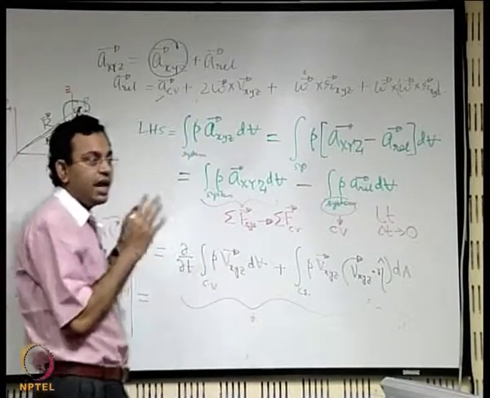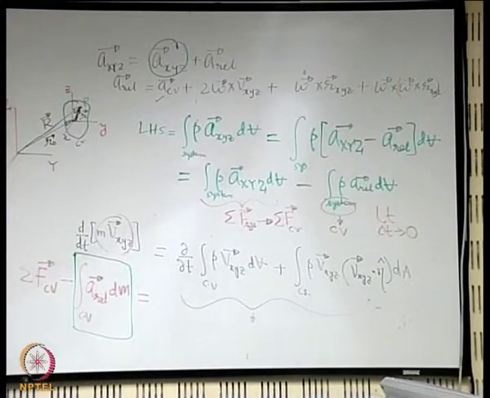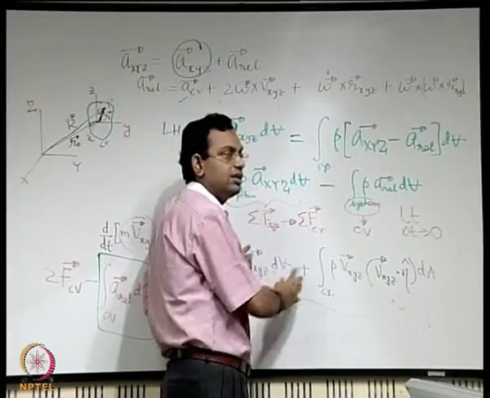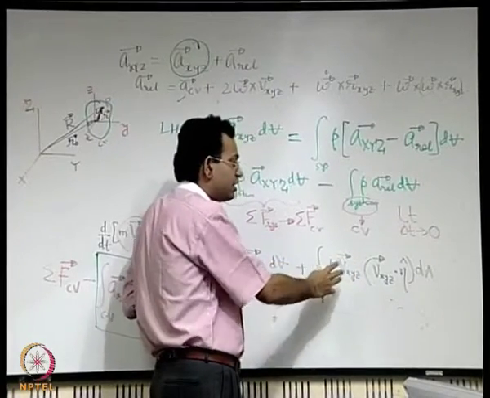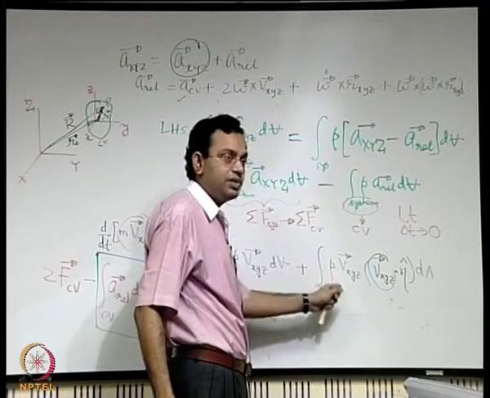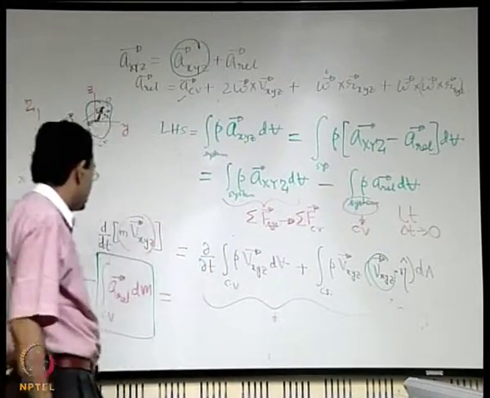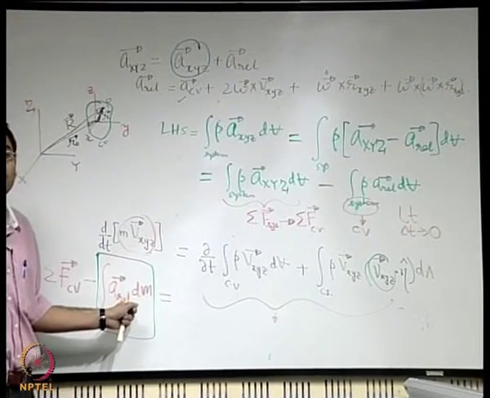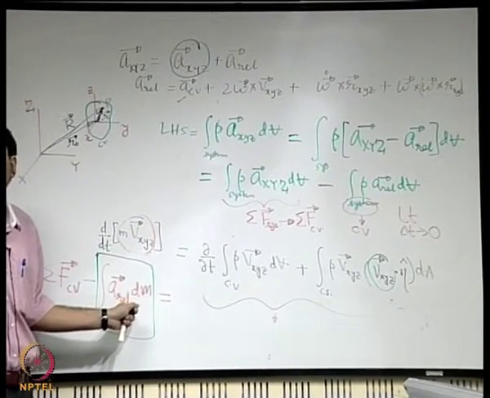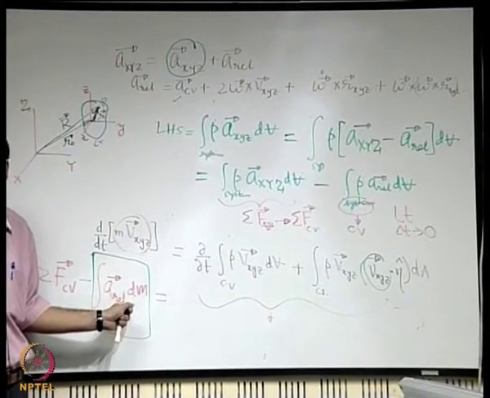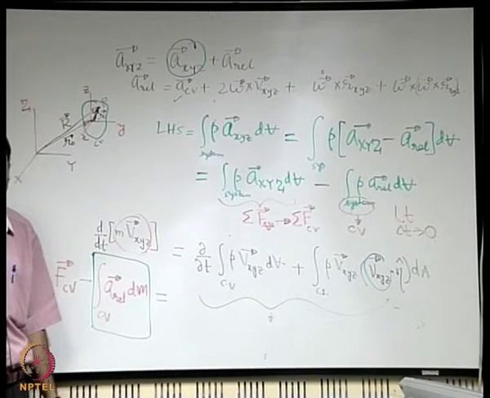So, when you write the Reynolds transport theorem for linear momentum conservation, basically all the absolute velocities are replaced with relative velocities. In the left hand side there is a correction because of the non inertial effect of the reference frame, just like minus mass into acceleration, which is just like a pseudo force.